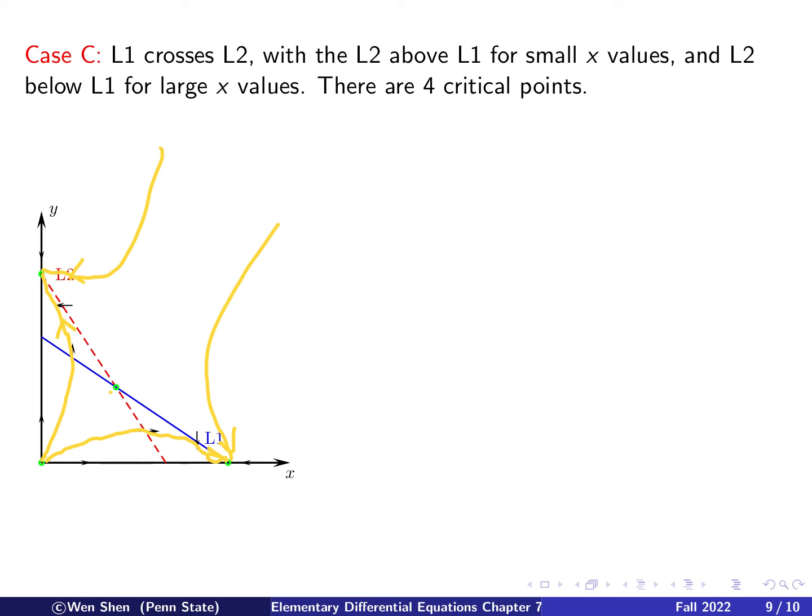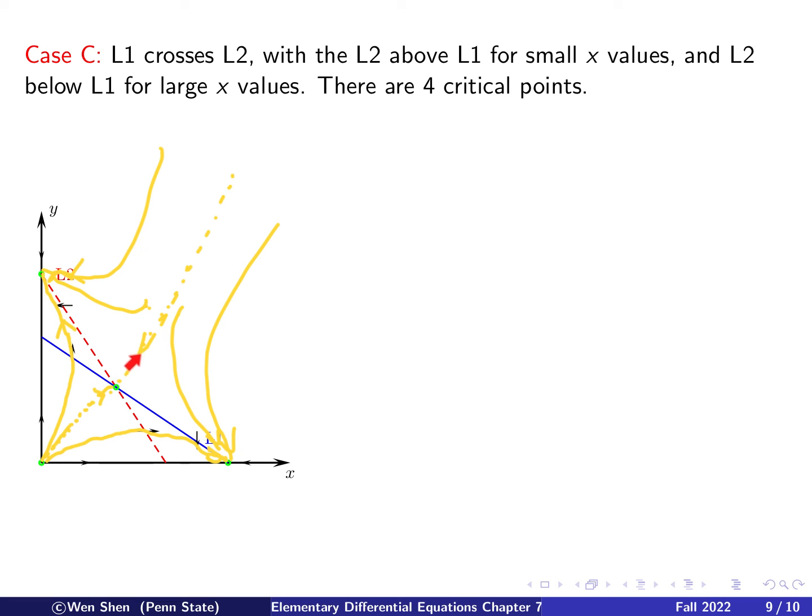And in particular, there would exist a solution that goes here and another that goes here. But it's very sensitive to small perturbations. If you perturb it a little bit to the left side, it will go to that one. And if it falls to the right side, it will go to that one.